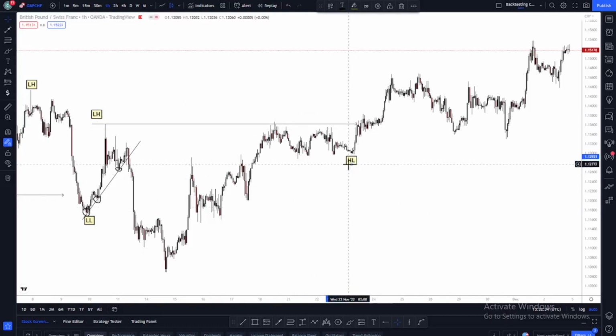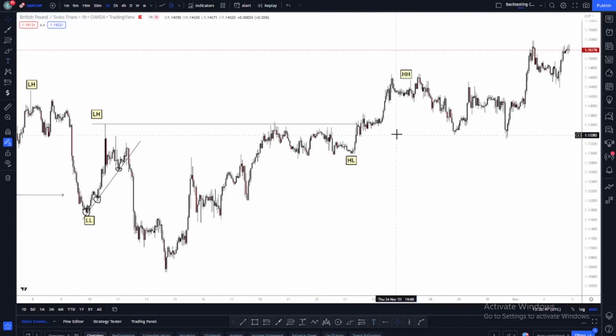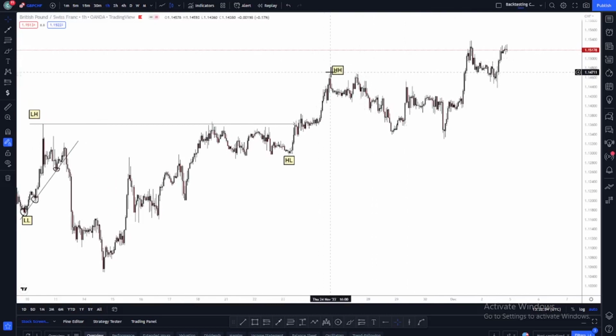Okay, this was our last higher low which created our new higher high. Do you all get it? Yeah.